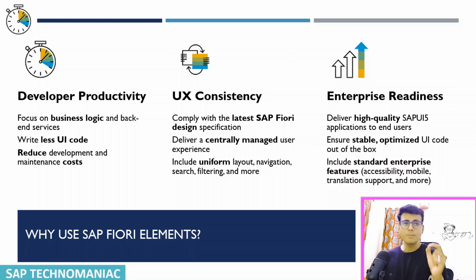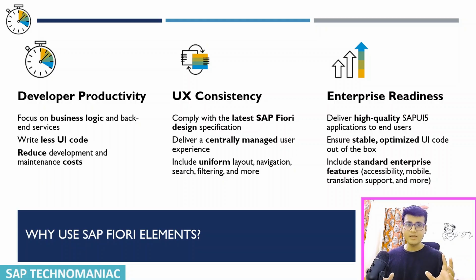This is regarding the developer productivity. Second and most important thing, whenever you develop any applications, UX consistency is very important, because if multiple developers are working on different applications, the way they are working can be different. I want to create one UI front end in my way, how it should look like and how the navigation should work, but some other developer develops in a different way.